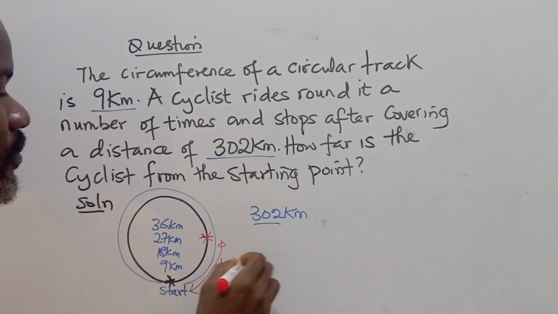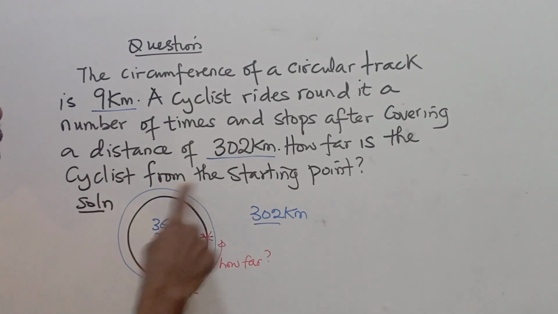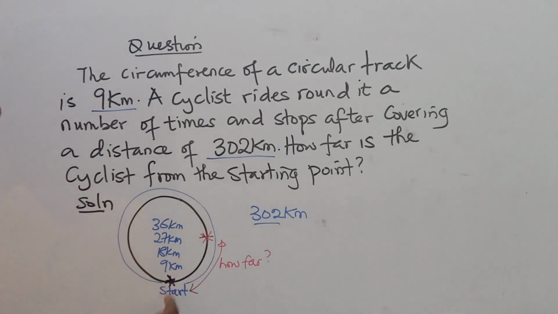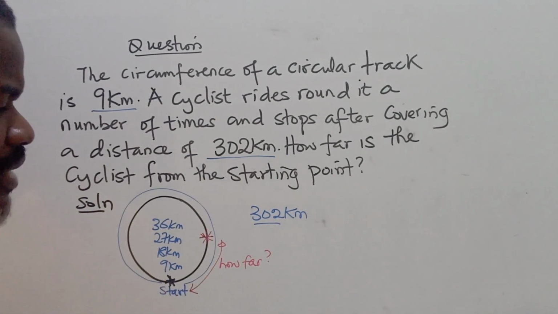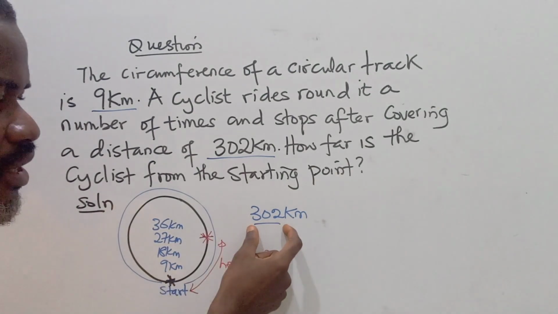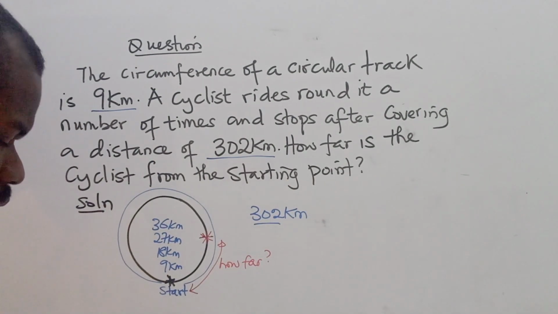This is how far the cyclist has moved from the starting point. So let's understand how many 9 kilometers are in 302 kilometers.